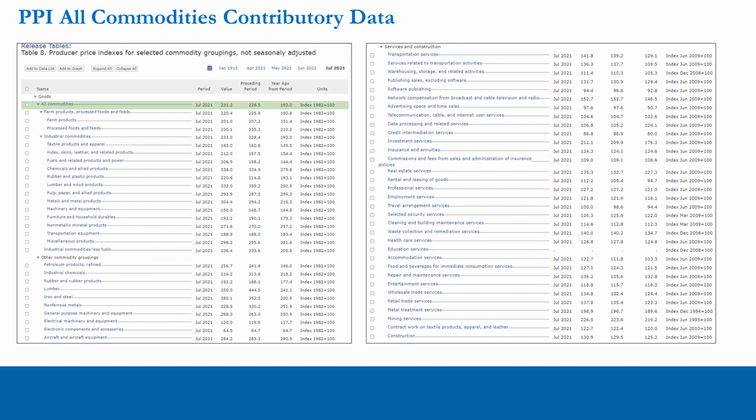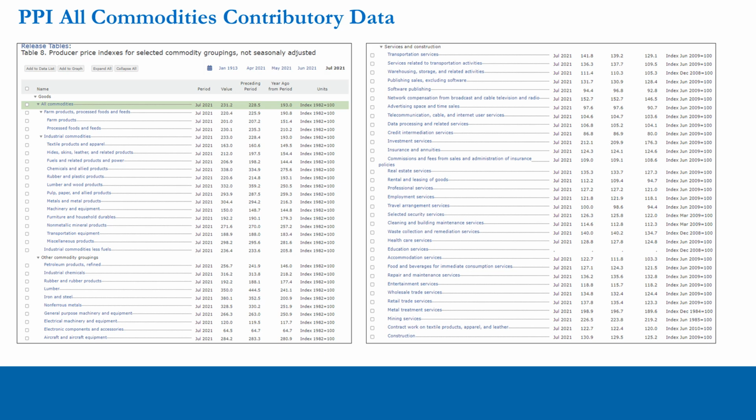So you can see on the screen, on the left-hand side, all commodities under the heading goods. So all commodities comes under this heading. And then underneath all commodities, you can see all of the various commodities that contribute under the heading of goods. So under the category of goods, and these create the index for all commodities.